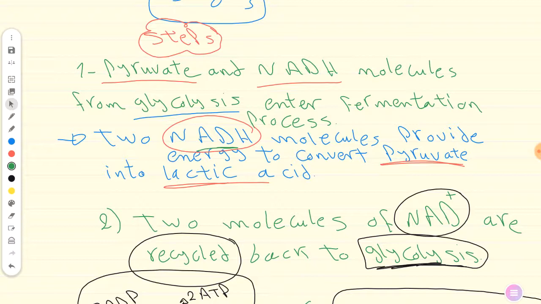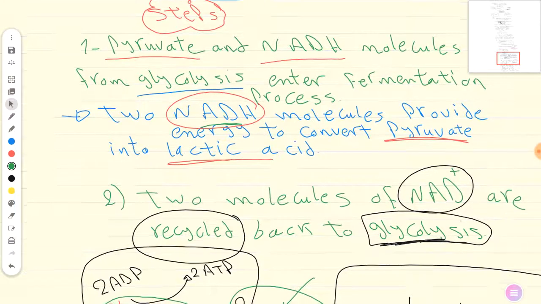Glycolysis means splitting of glucose, and as a result of splitting one molecule of glucose, 2 molecules of pyruvate and 2 molecules of the electron carrier NADH are produced. So the process of lactic acid fermentation uses these materials, pyruvate and NADH, from glycolysis to enter its steps.